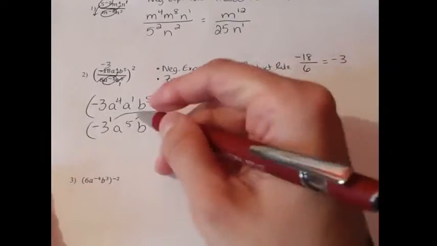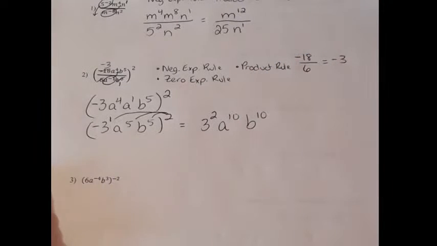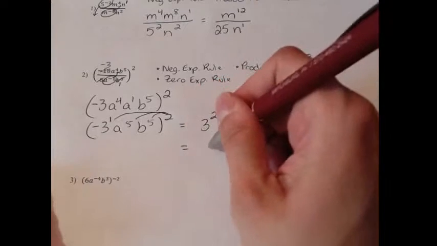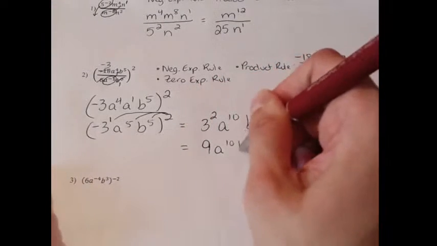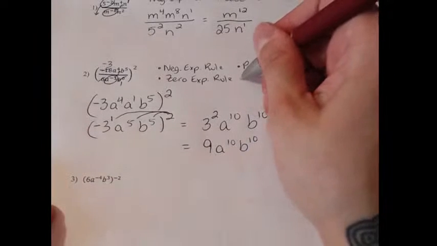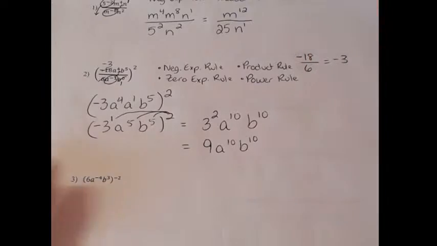Keep the base, multiply the powers. Keep the base, multiply the powers. And you're almost done. 3 squared is 3 times 3, which is 9. So your final answer is 9a to the 10th, b to the 10th. And the final rule was the power rule.